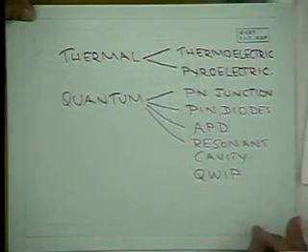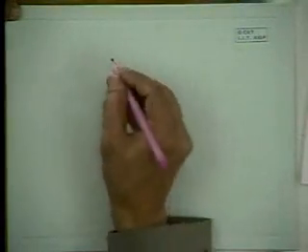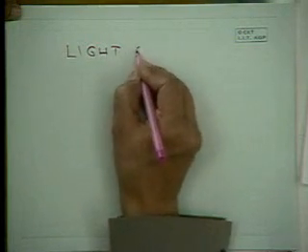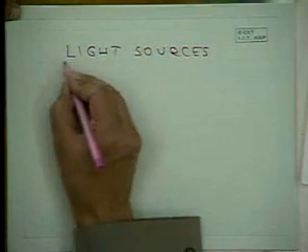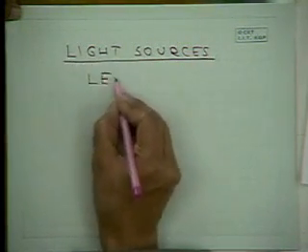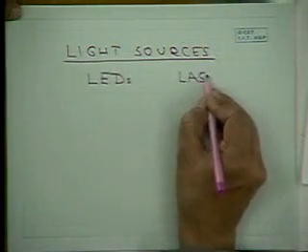After discussion of detectors, we will go on to a discussion of light or infrared emitting sources. Sources are of generally two types: light emitting diodes, LEDs, and laser diodes.